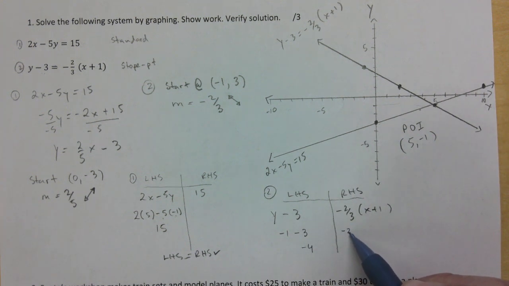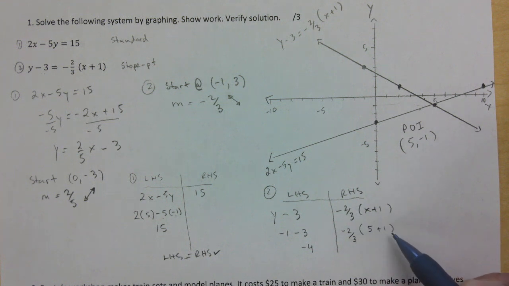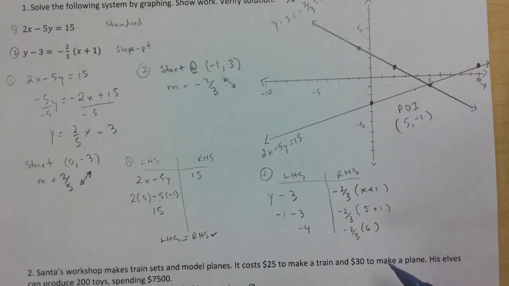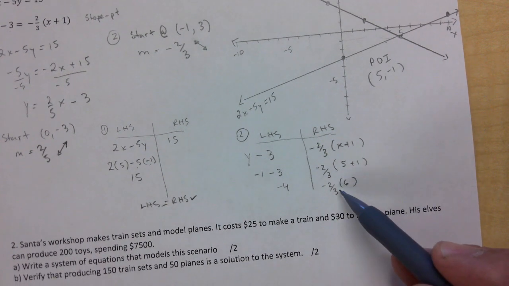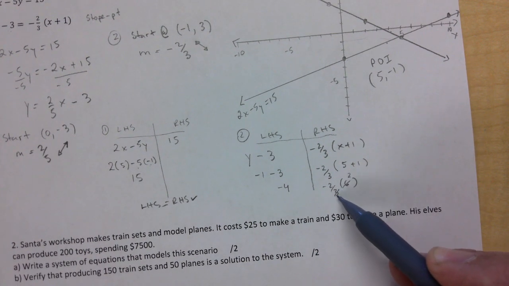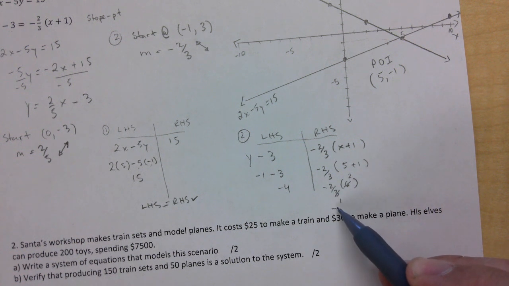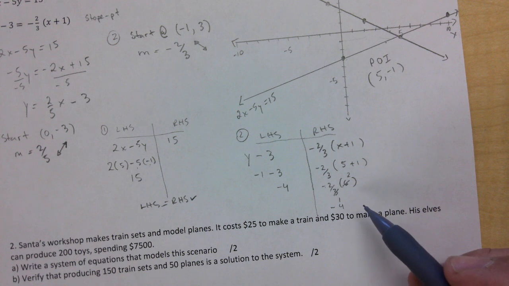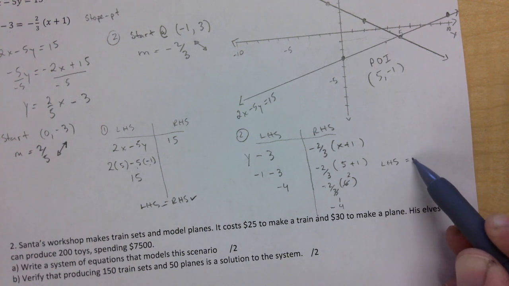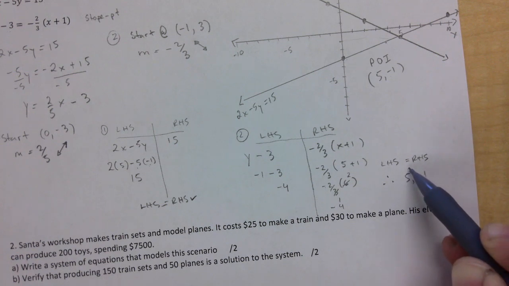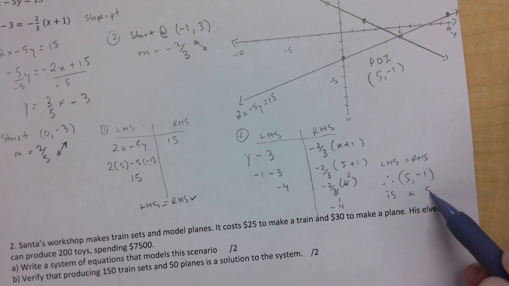And on the other side, you have -2/3 times 5 plus 1, that's -2/3 times 6, right? Let's do some canceling here. The 3 goes in here twice and goes in there once. So it's really -2 times 2, which is -4. Right? So left-hand side is equal to right-hand side. Therefore, (5, -1) is a solution.